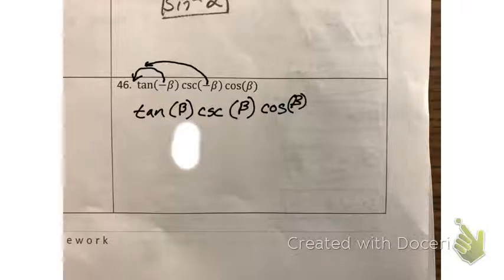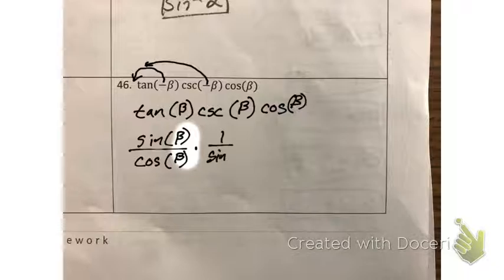So tangent becomes sine of beta over cosine of beta. Cosecant becomes 1 over sine beta. Well, just looking there, we have sine over sine, so that's going to cancel out. And finally, we're left with cosine of beta, which is really cosine beta over 1.